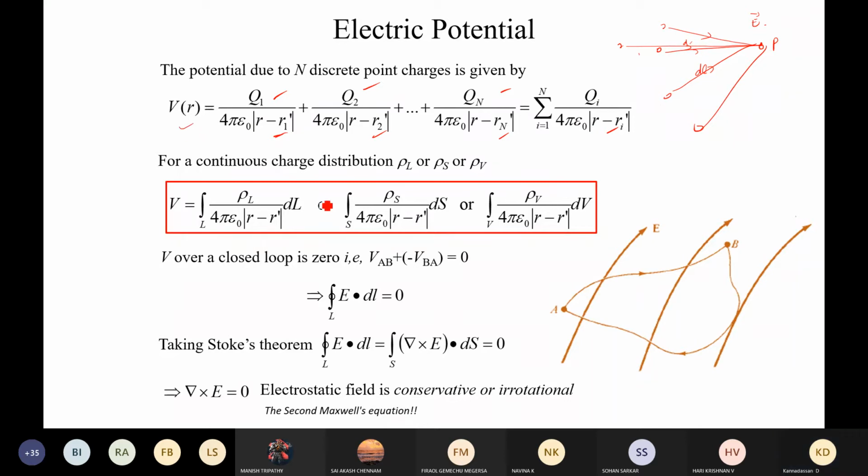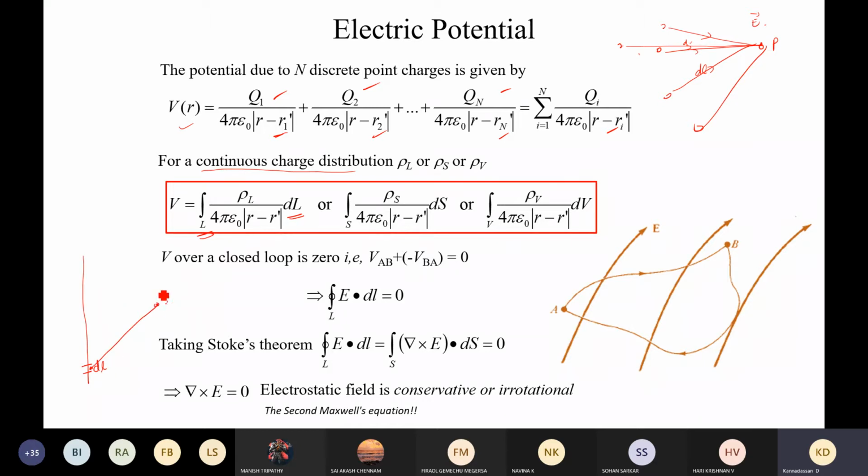So, the very same as that of multiple discrete point charges, we can also have continuous charges for different cases, line charge or surface charge or volume charge. We can use the very same expression here. If it is a line charge, then we have to take a small length. So if it is a line charge, let's say, and we are going to take a small dl length, and because of that, at this particular point, what is the potential?